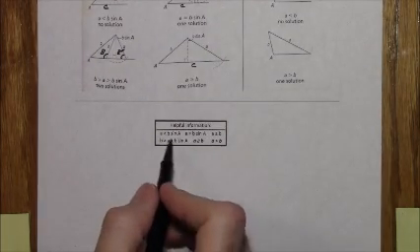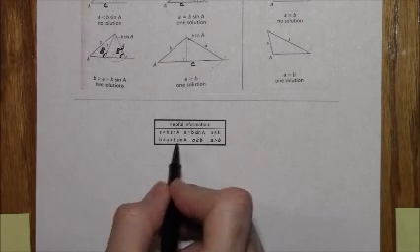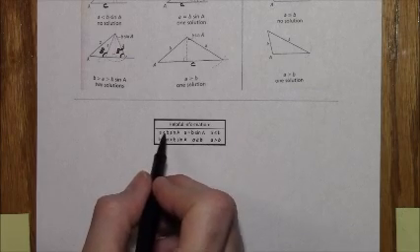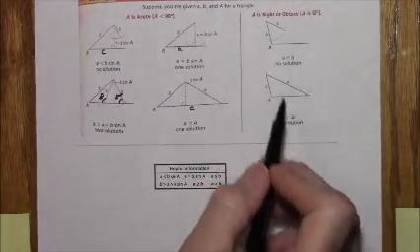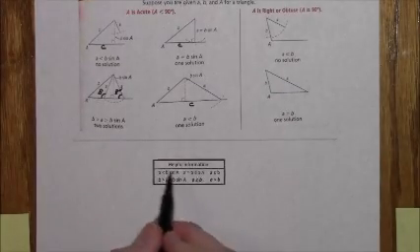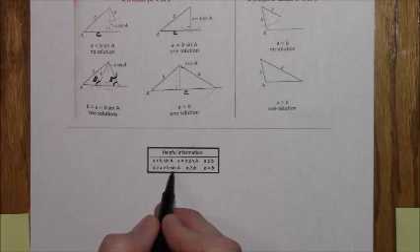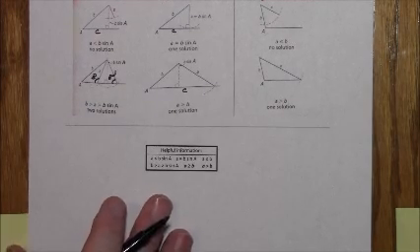This is a quick summary that I usually put on tests as a reminder, although you have to actually determine or recognize and remember which of these apply. These bolded ones are the obtuse ones, but all of the others apply to this. And this, of course, is the big one really to remember, because that determines whether you're going to have two triangles or just one in most cases.